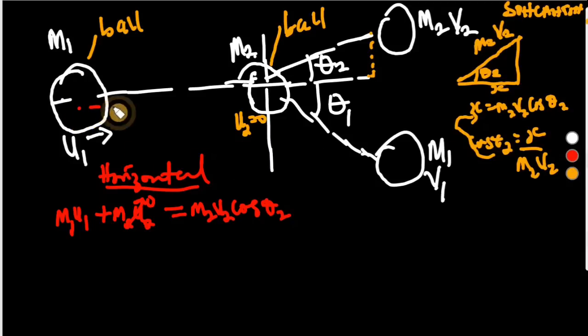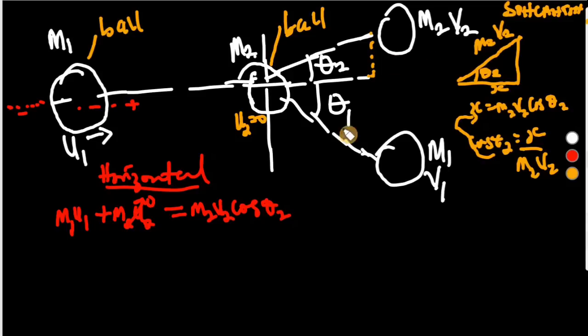From here, this becomes our positive, and going back, this becomes negative. Similarly here, we take the upper part as positive and the downwards as negative.